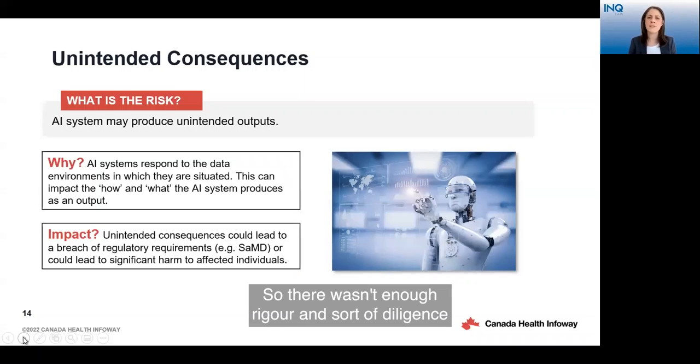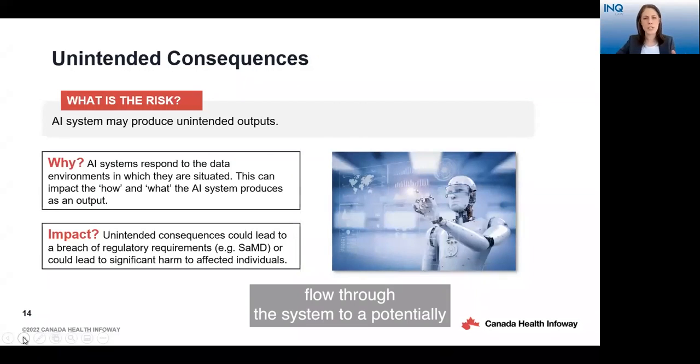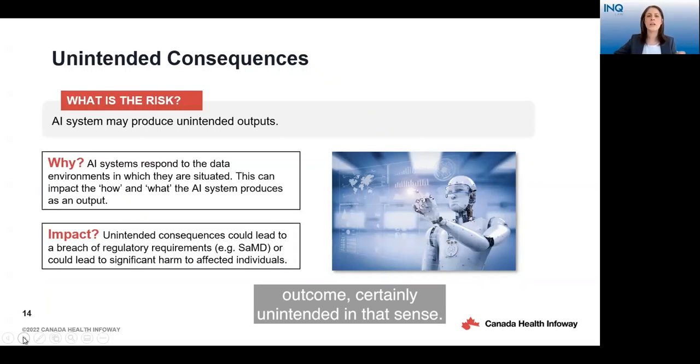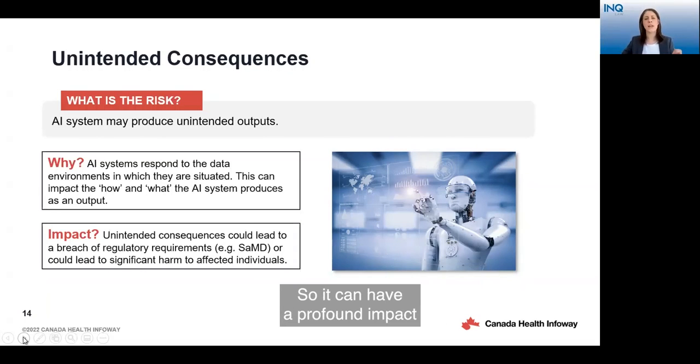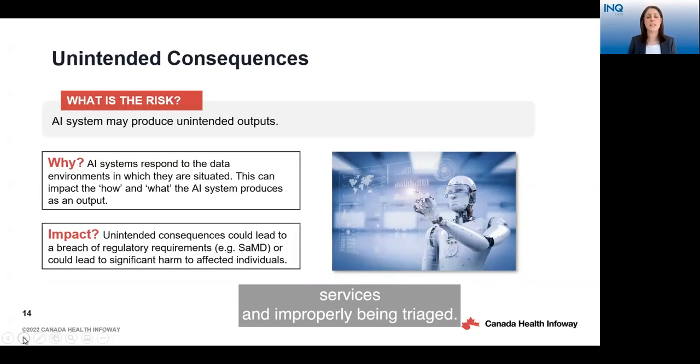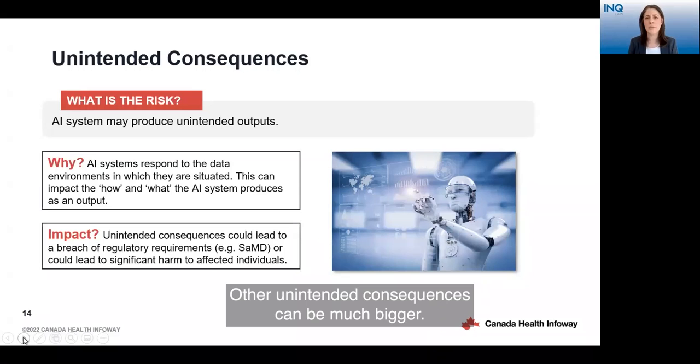So there wasn't enough rigor and diligence around how that data set would ultimately flow through the system to a potentially harmful output, leading to, in that case, a discriminatory outcome, certainly unintended in that sense. So it can have a profound impact on individuals and individual patients, in that case being denied particular services and improperly being triaged. Other unintended consequences can be much bigger.